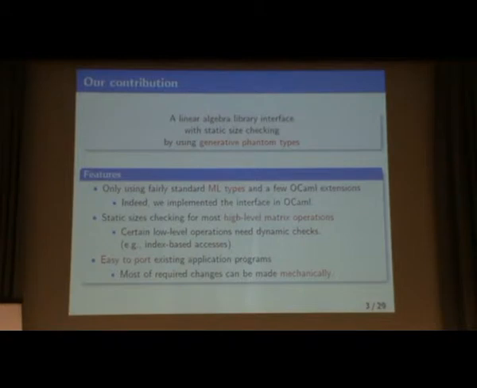So this work is supposed to be practical. We allow some dynamic checks, especially for low-level operations, like index-based accesses. So we don't use full-fledged dependent types. We make some compromise. But for most high-level operations, like addition or multiplication of vectors or matrices, the checks are static.